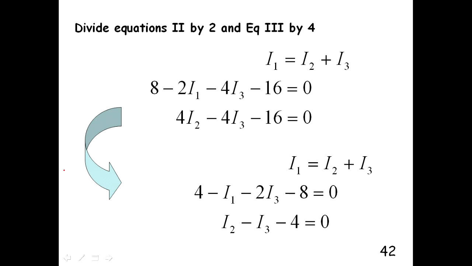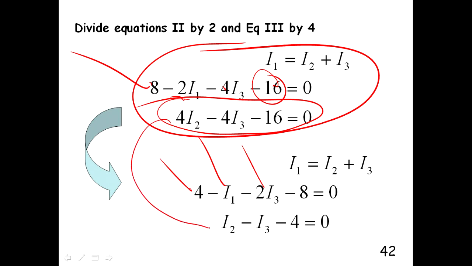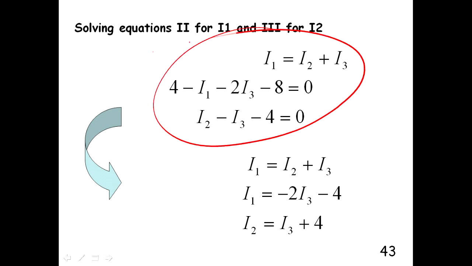So here are our 3 equations. I'm going to divide this equation by 2, so I end up with 4 minus I1 minus 2I3 minus 8. I divide this equation by 4, so I end up with I2 minus I3 minus 4 equals 0. Okay, so then I have these 3 equations, and I'm going to solve this equation for I1, and I'm going to solve this equation for I2.